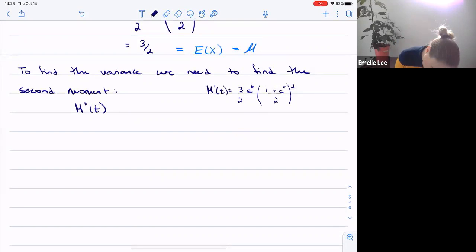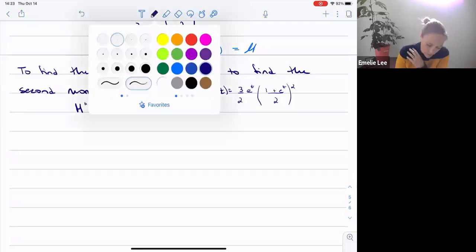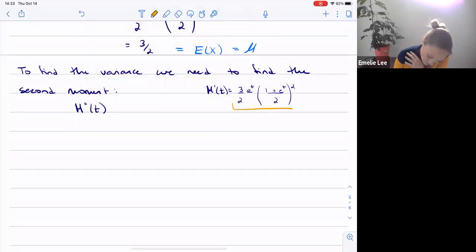M prime of t is this. I basically have a function times a function, right? So here, this is the product rule. And the chain rule is built in, right? One of the functions is a chain function.